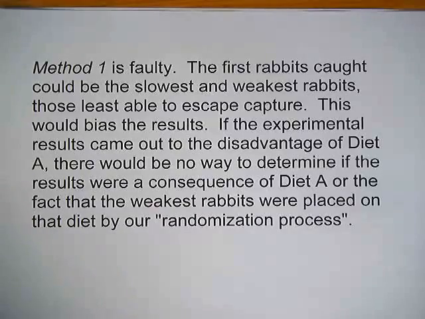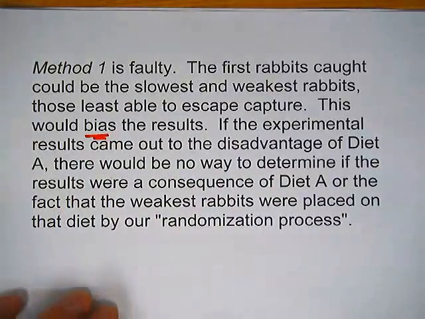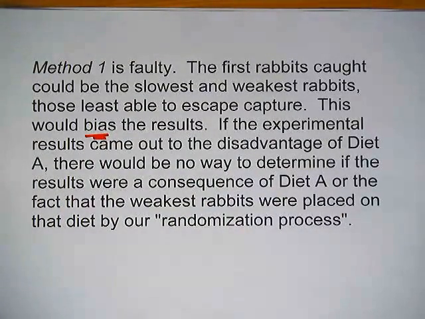So method 1 is faulty. The first rabbits caught could be the slowest and weakest rabbits, those least able to escape capture. This would bias the results. If the experimental results came out to the disadvantage of Diet A, there would be no way to determine if the results were a consequence of Diet A or the fact that they were the weakest rabbits placed on that diet by our randomization process.